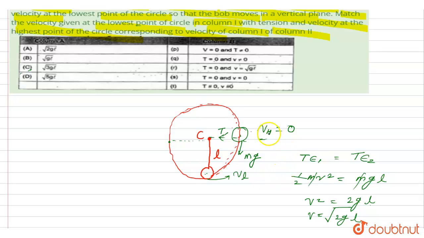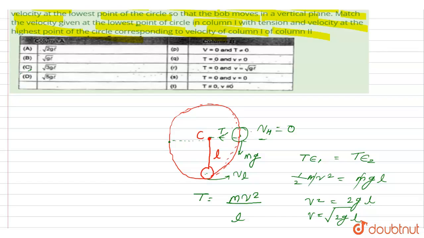So from this position, tension T equals mv square upon L, because it makes an angle.